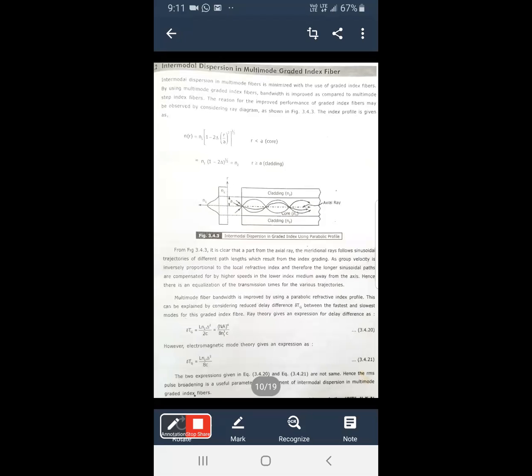The velocity is inversely proportional to the local refractive index. Therefore, the long sinusoidal paths are compensated for by higher speeds in the lower index. When the group velocity is inversely proportional to the refractive index, then automatically the longer sinusoidal path is compensated by high speeds in the lower index.